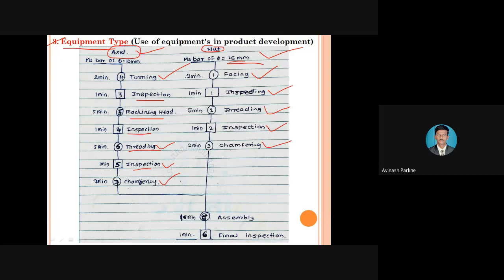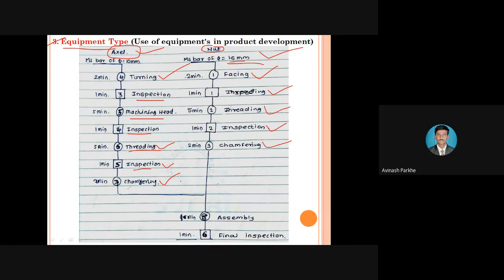Only operations along with some inspection, because sometimes after performing the operations we have to go for some visual inspection to check whether your operations are performing in the good direction or not. Therefore, along with those operations, sometimes the inspections are also provided.